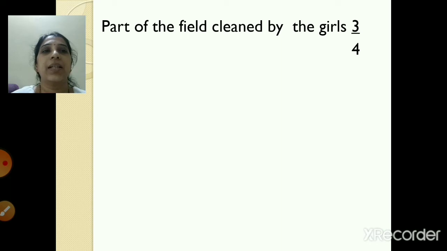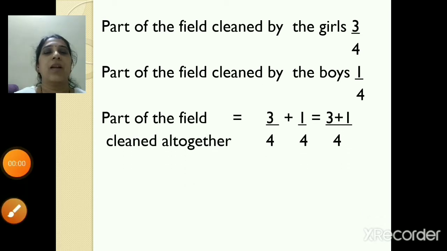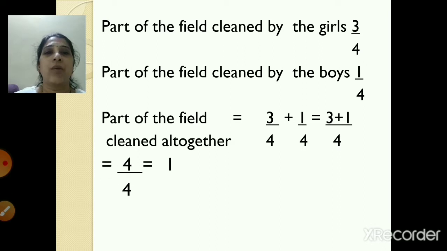Part of the field cleaned by the girls will be 3 upon 4. Part of the field cleaned by the boys is 1 upon 4. So part of the field cleaned altogether is equal to 3 upon 4 plus 1 upon 4. So 3 plus 1 upon 4, you get the answer as 4 upon 4.